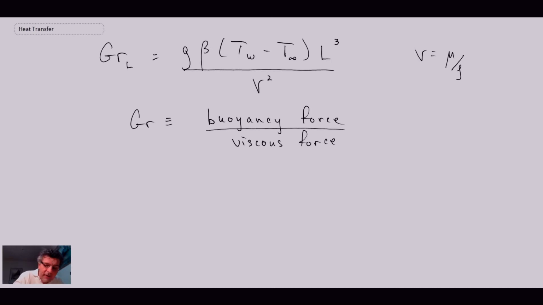By comparison, recall the Reynolds number was the inertia force to the viscous force. So the Grashof number is a non-dimensional number that we use quite often for natural or free convection, and it plays a very similar role to the Reynolds number for forced convection over a flat plate flow.